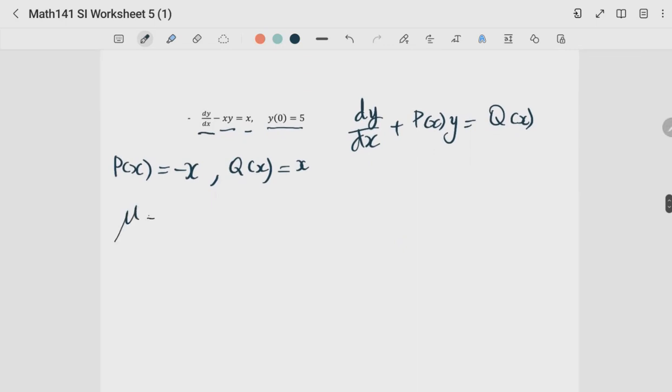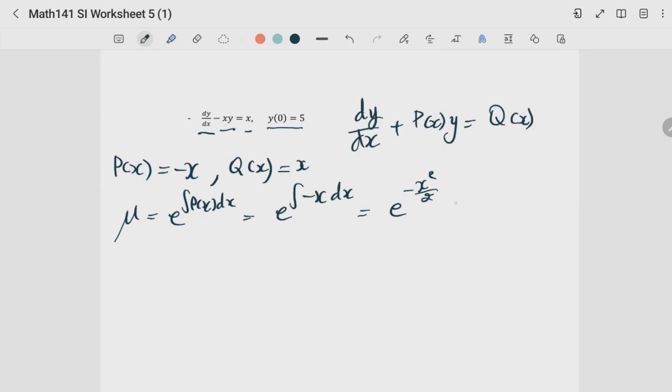Okay, and that just means that our mu is e to the integral of p of x dx, which is just e to the integral of minus x dx, which is e to the minus x squared over 2. We can just leave it like that.